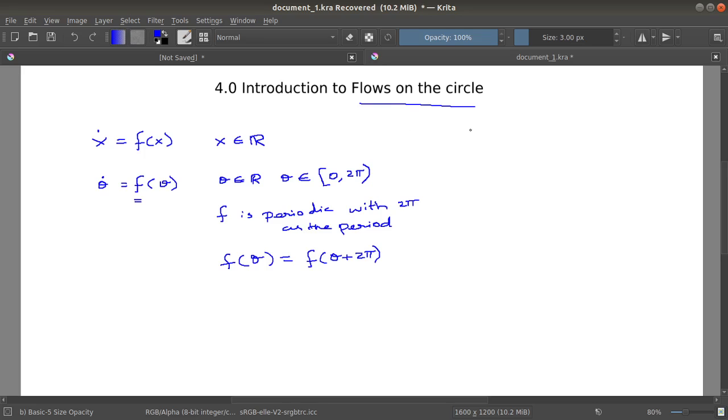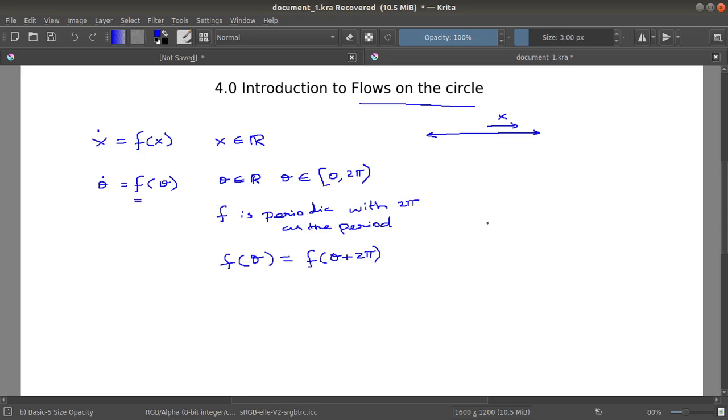Here, on the line, there will be a real axis like this, and this and this are extended, and this is how we define x.